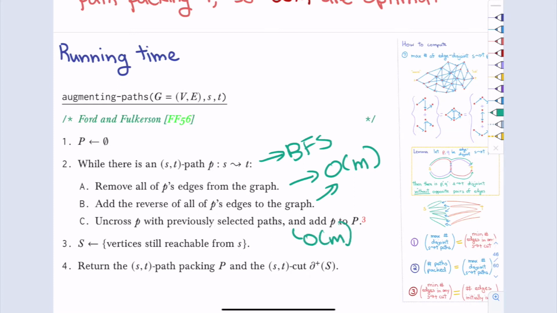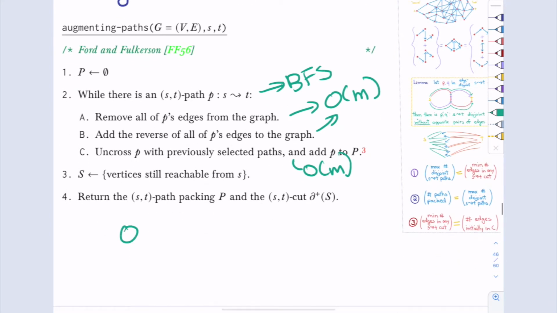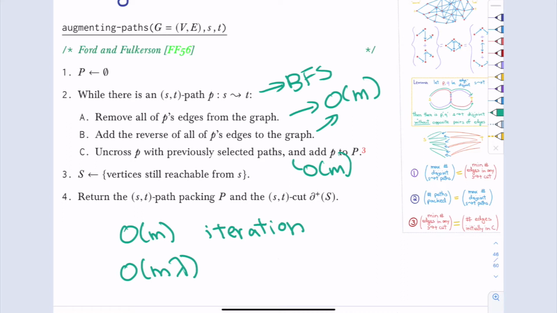You can also skip that step if you're only interested in the number of paths, or wait until the very end to do all the uncrossing. So the whole thing takes linear time per iteration. And usually the way people state it is they write m lambda, but lambda is just equal to opt, the maximum number of paths.